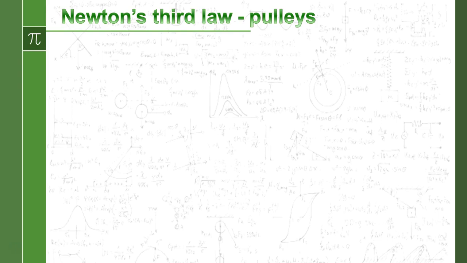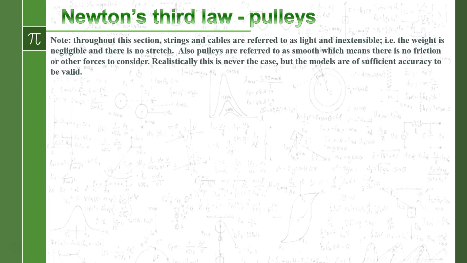Now, before we start all of this, we've got to put some modelling assumptions in place. Strings and cables are often referred to as light and inextensible. Light meaning they've got no weight, and inextensible meaning there's no stretch. The reason for that is because if you've got the mass of the cable to consider, then your tension will change depending on whereabouts within the cable you are, which makes life a lot more complicated.